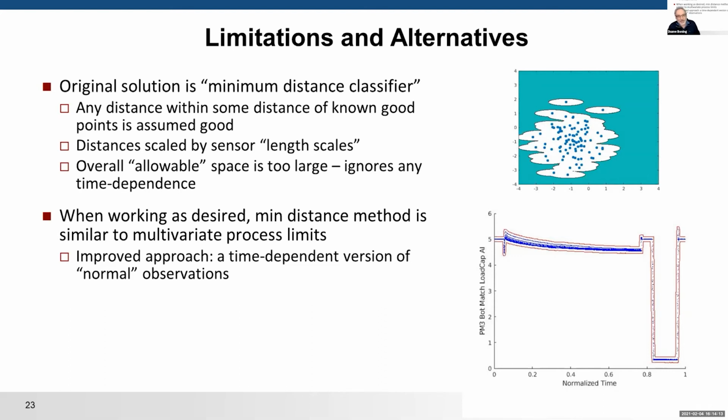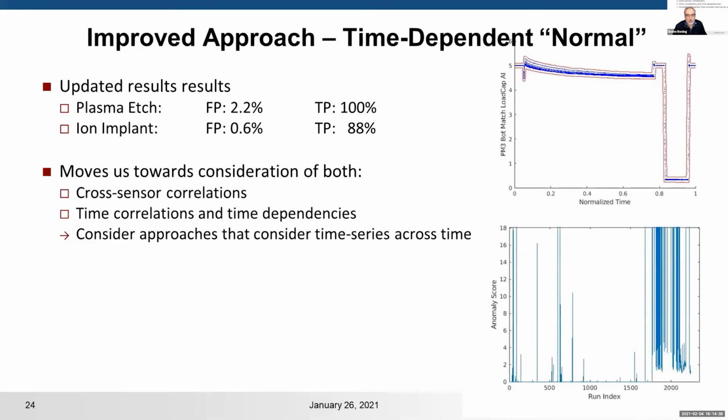But really this is a start towards a more full-bodied version of a time-dependent or time series analysis of the data, where you don't just throw away the time index, or the time sequencing, as we did in this multidimensional Parzen window example.